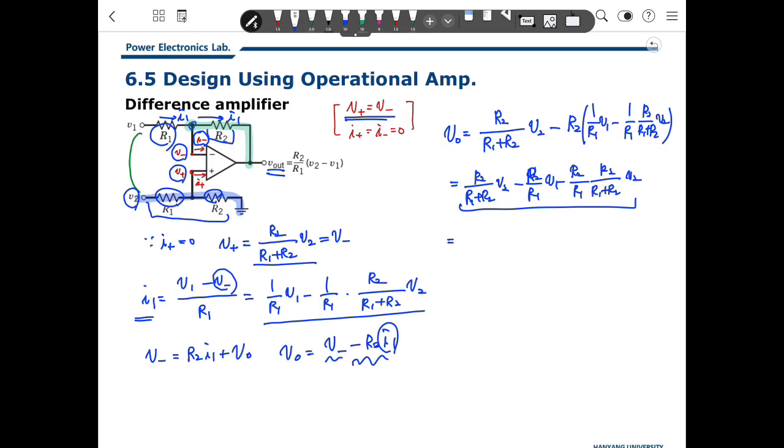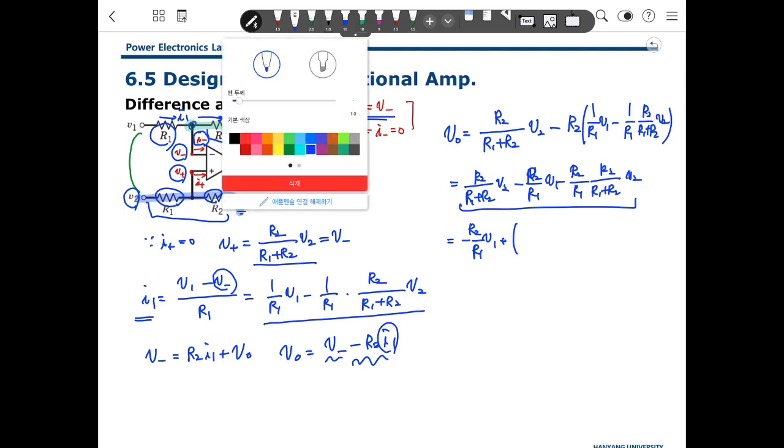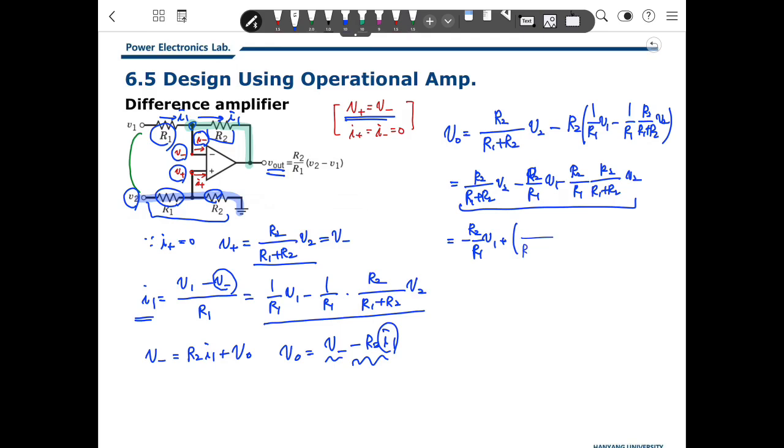Then you can get minus R1 V1, then plus R1 plus R2 minus R1 plus R2 squared.